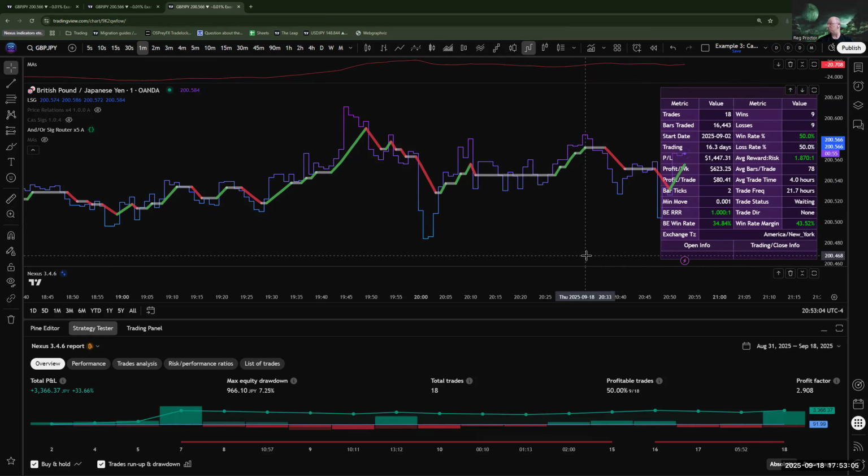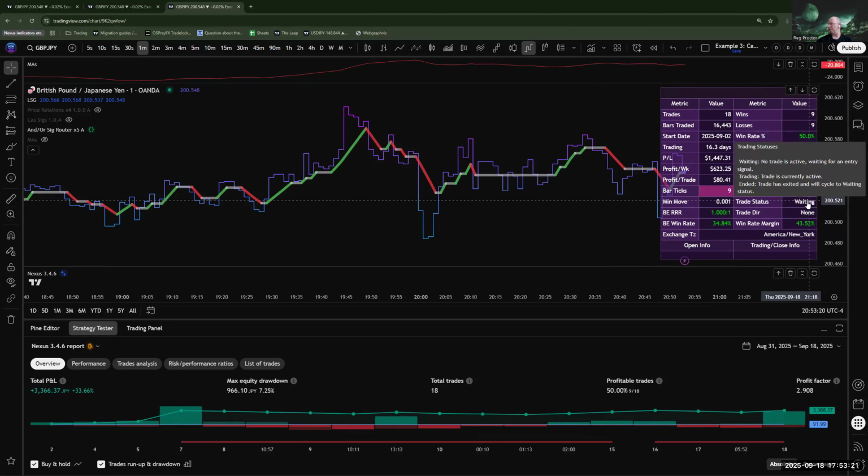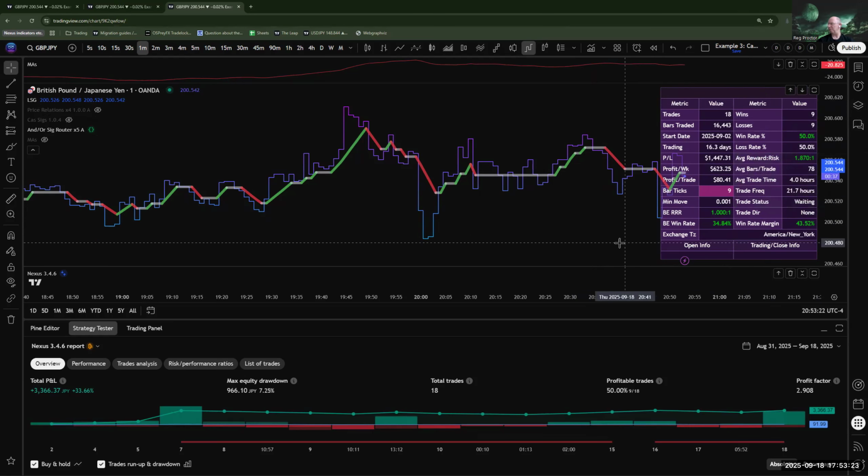And I think that's about it. That panel, like I said, I'm not going to go through every single one of these one by one. Trading status, it's either trading or waiting. I don't think there's any other status, just so you know. And trade direction isn't going to have one while you're waiting, but when you're in a trade, you're going to have a direction.